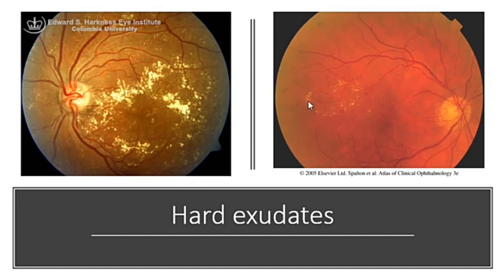You can see some here and some here, and they're usually arranged in clumps or rings. See how they come in a clump or a ring shape around the retina, and they're often surrounding microaneurysms. When the leakage stops occurring in the retina, these can reabsorb, but it can take months or years.